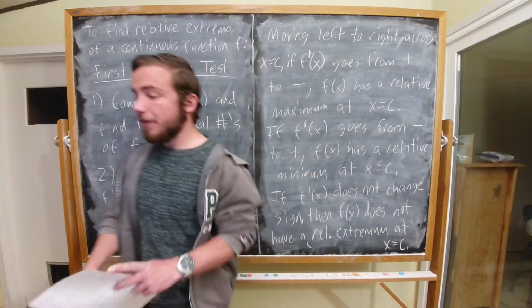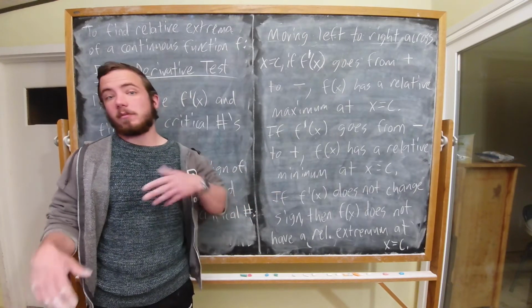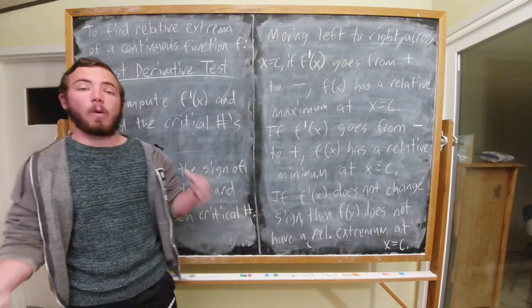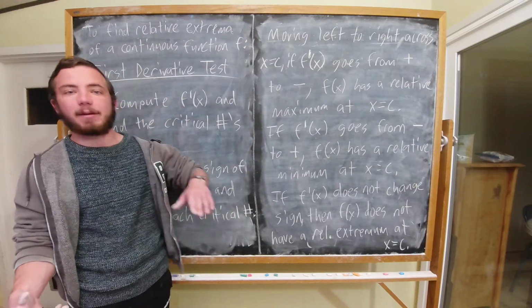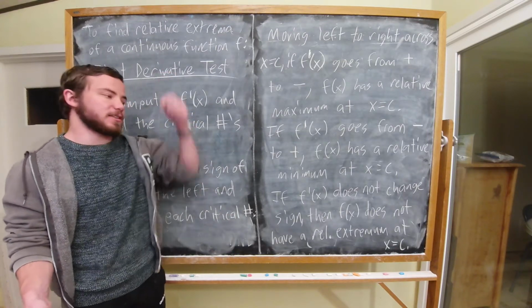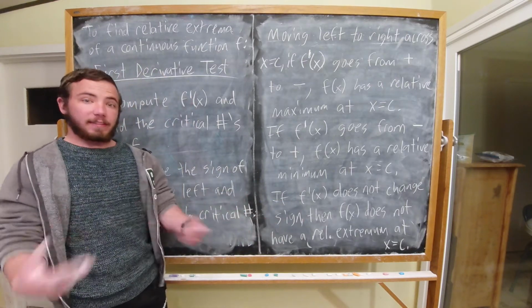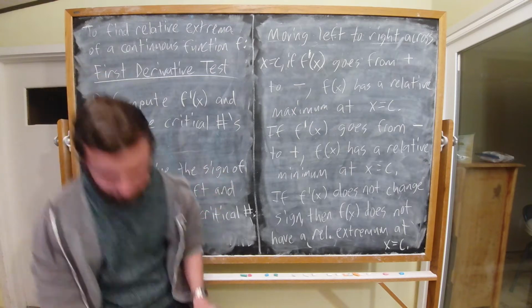That third condition essentially prevents us from cases like y equals x cubed, where we had a point with zero derivative, but the first derivative would have gone from positive to positive, and therefore no relative extremum. Let's use this and do some examples.